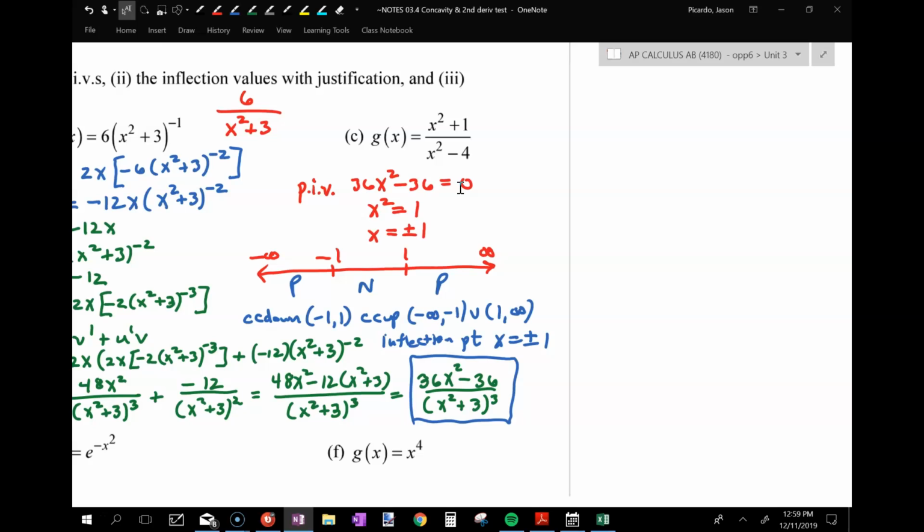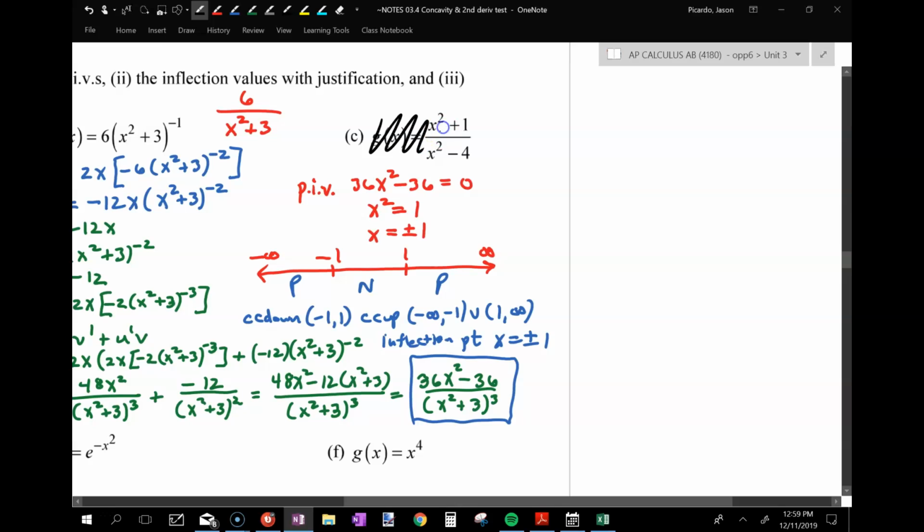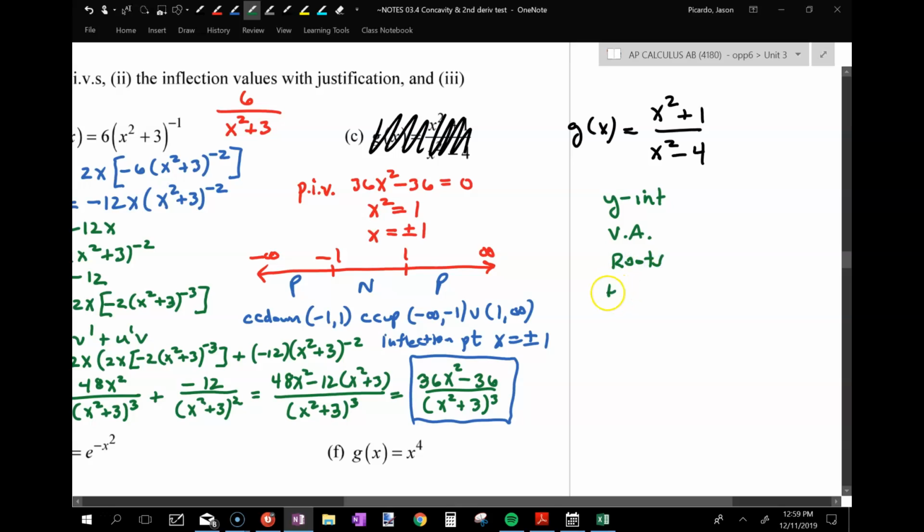And I remember a whole unit where my teacher had things like this on the board and listed out a whole bunch of things about rational functions.